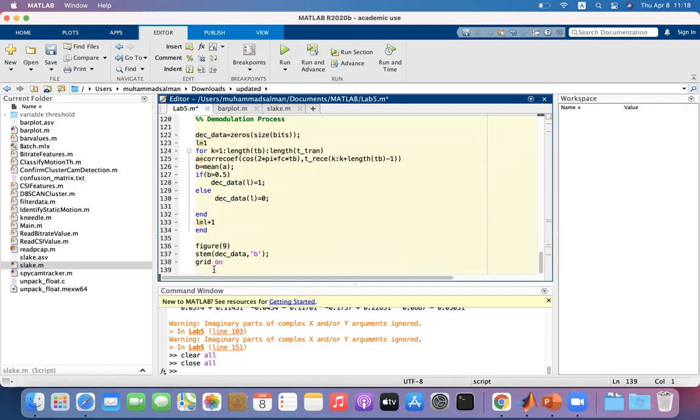And then I should just label it. The X label is the bit position, right? So I should say position, and the Y label is the bit sequence.